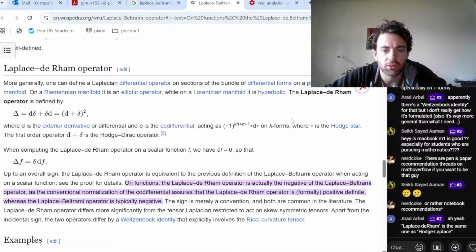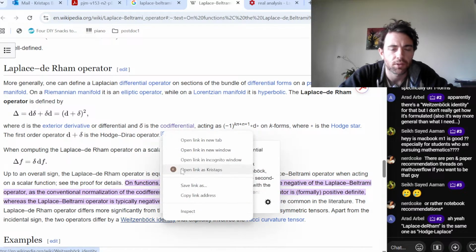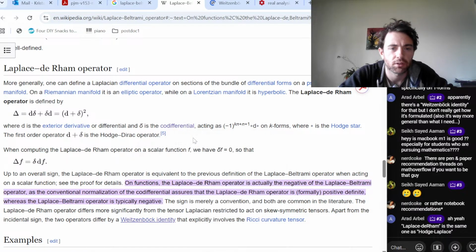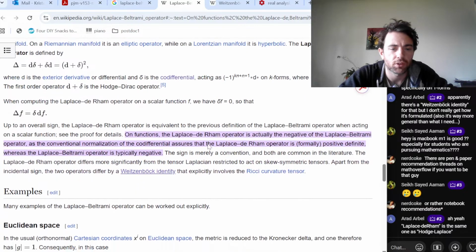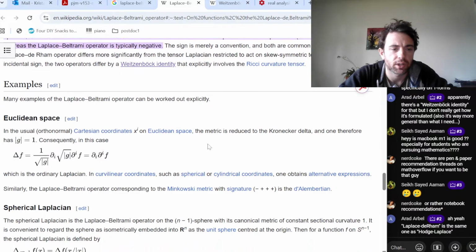Interesting. The sign is merely convention. Both are common in literature. Laplace de Rham differs more significantly from the tensor Laplacian restricted to act on skew-symmetric tensors. Weitzenböck. I actually don't know what a Weitzenböck identity is, so we're gonna new tab that.